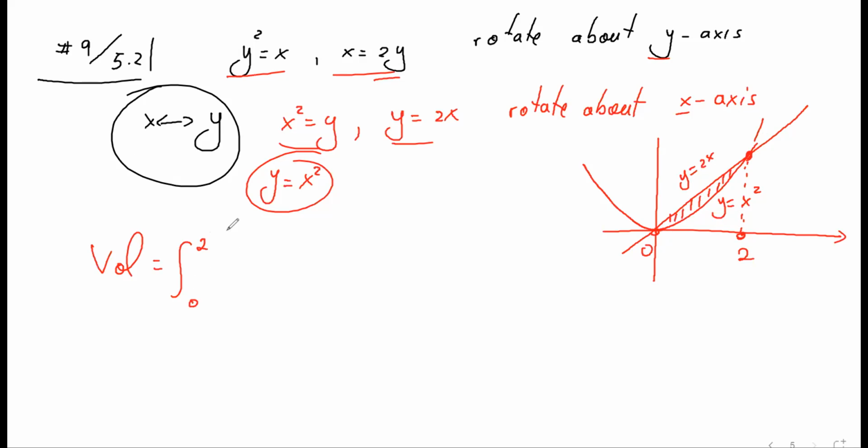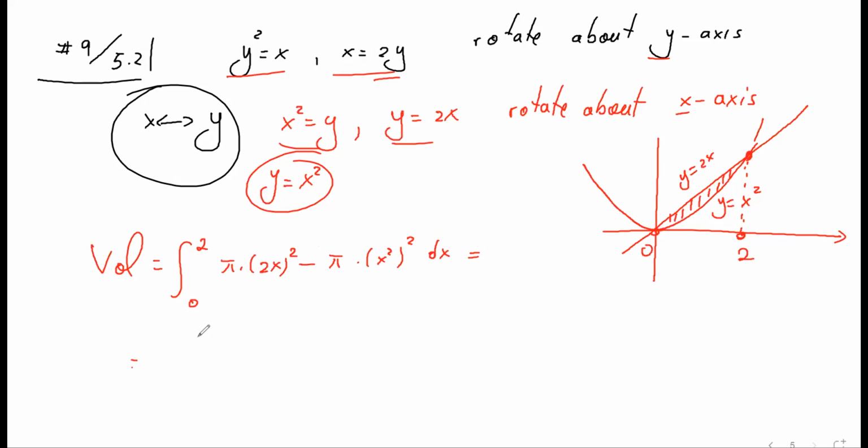So integral from 0 to 2, and over here you're going to say pi times the top function squared, (2x) squared, minus pi times the bottom function squared, which is x squared, dx.